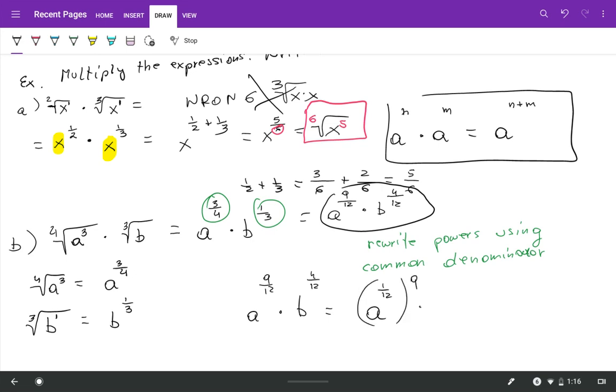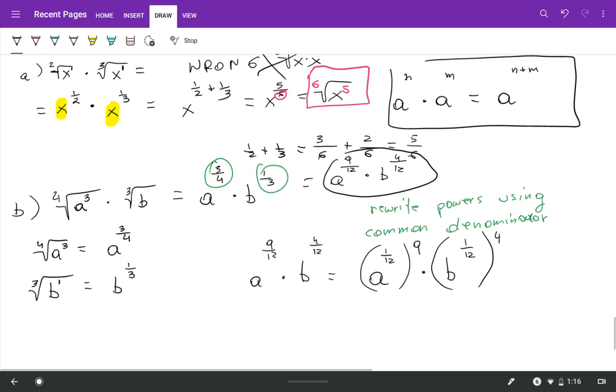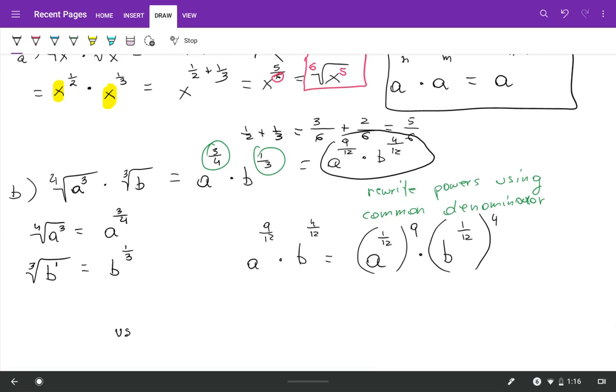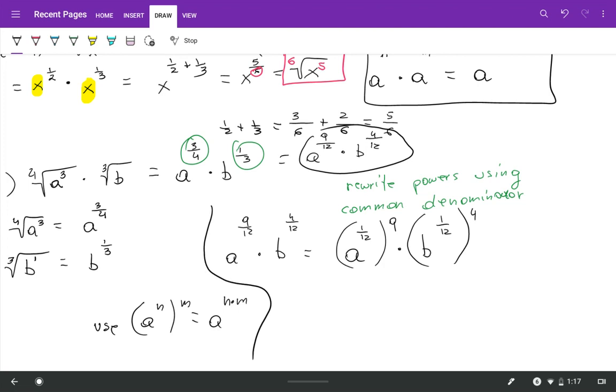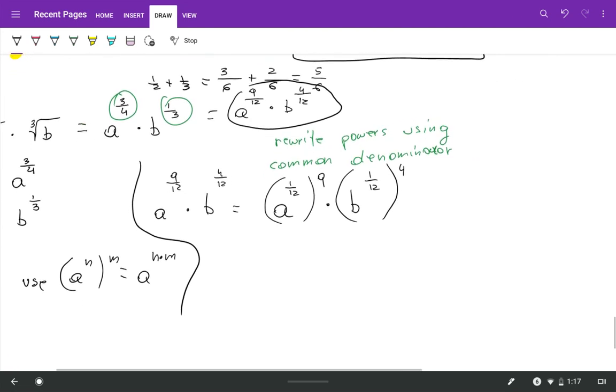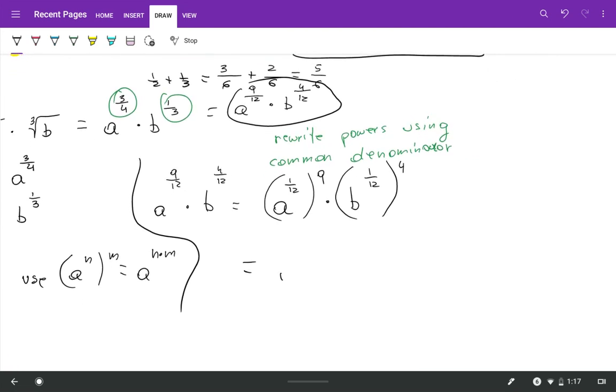What we can do here is rewrite that as a to the power of 9, with everything raised to the power of 1/12, because I'm using the power of a power property, times b to the power of 4, with everything raised to the power of 1/12.